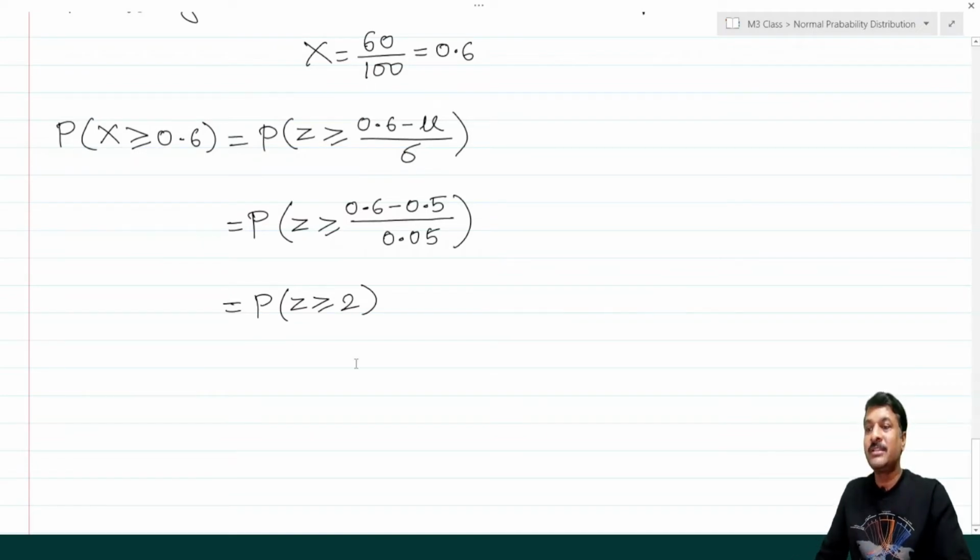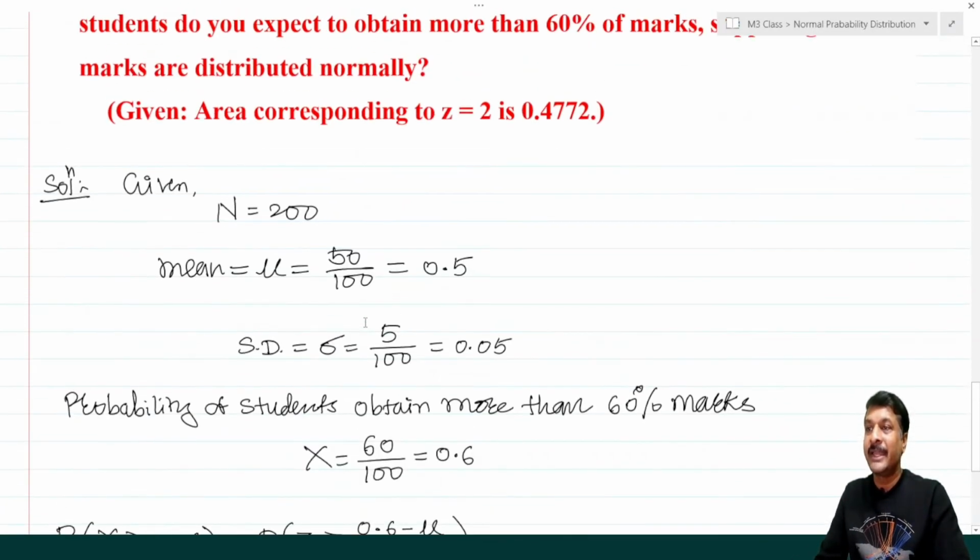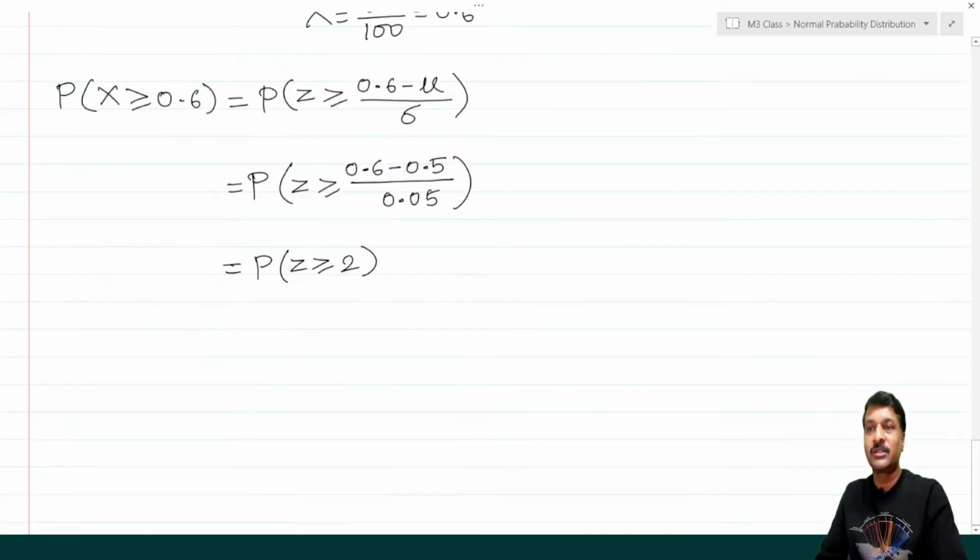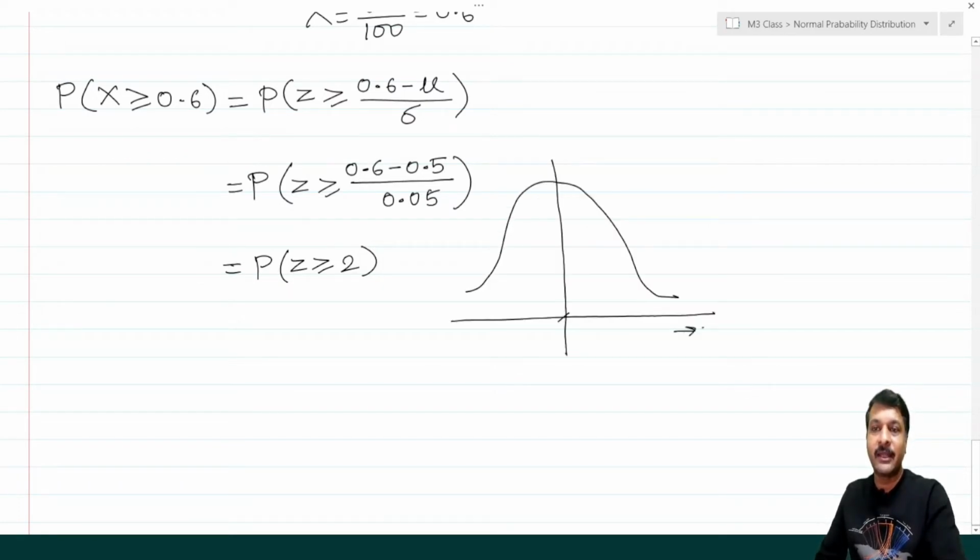So what is the value given? The area corresponding to Z equal to 2 is given. First you note the normal curve. See here the normal curve, along this axis Z and along this axis f of Z. So Z equal to 2, and I want this area.